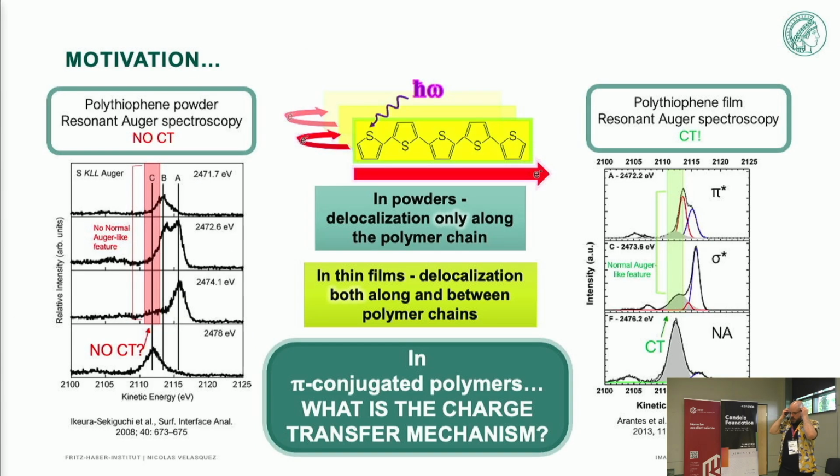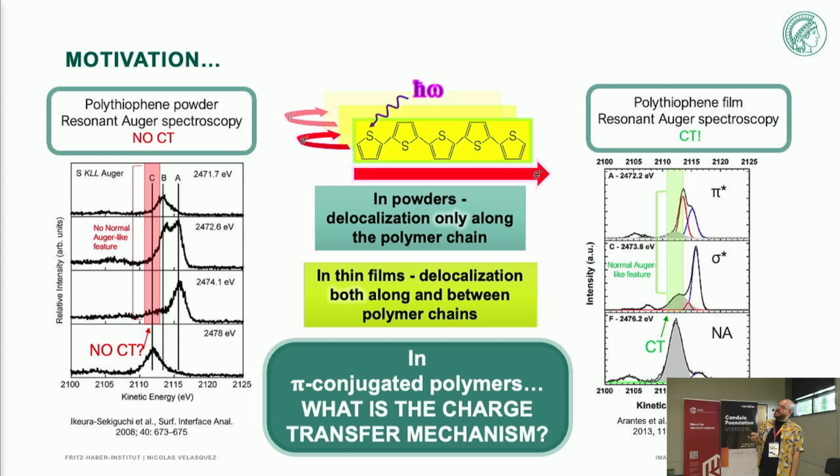So, the motivation. In 2008, a Japanese group measured polythiophene powder using resonant Auger spectroscopy, and if you remember, the CT channel is manifested as a peak to the lower kinetic energy side of the resonant channels. And here they found nothing, and granted, this may have been affected by the resolution or sample preparation problems.